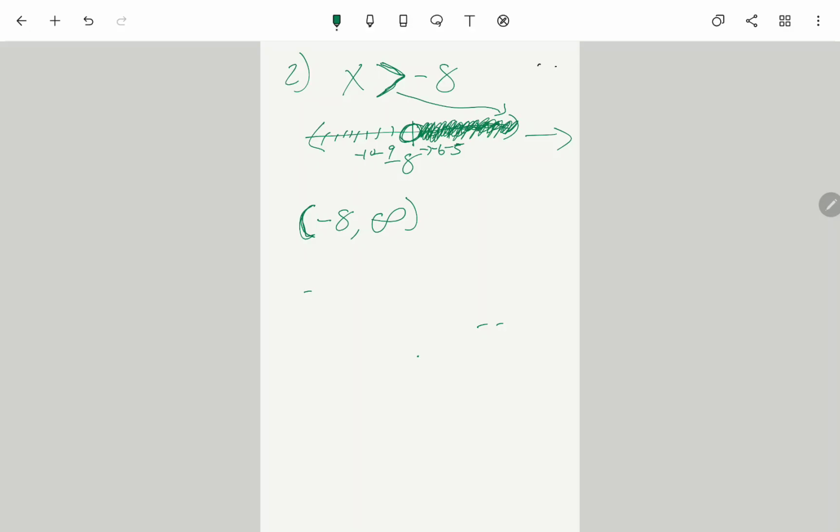And set notation again is the easiest part. x, because it's your variable. Then put the inequality x greater than negative 8. Close the bracket. Example number 3.